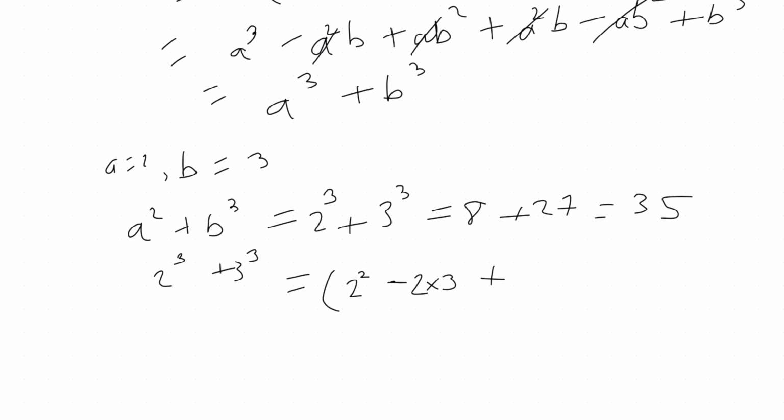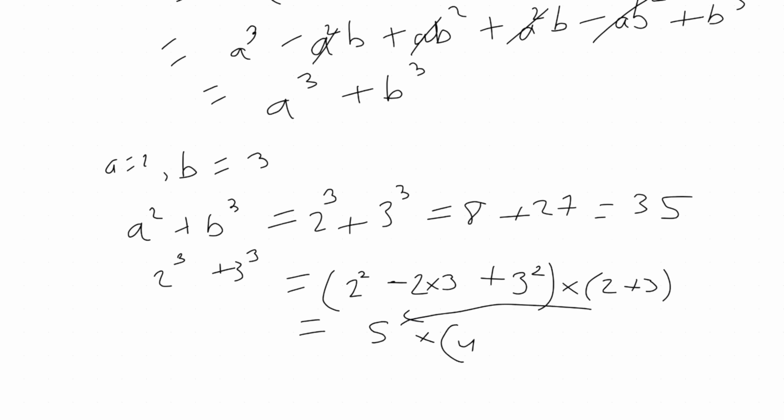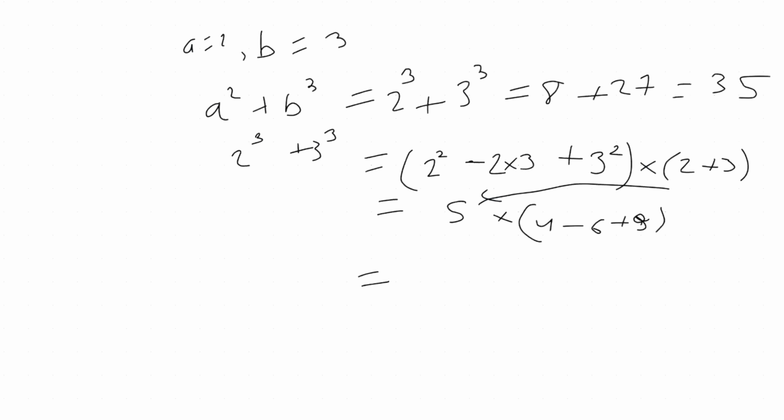And this thing has to be multiplied by a plus b, which is 2 plus 3. So this 2 plus 3 comes as 5. This is 5. And you multiply it with 4 minus 6 plus 9, which is 5 into 7. 4 minus 6 plus 9 is 7.